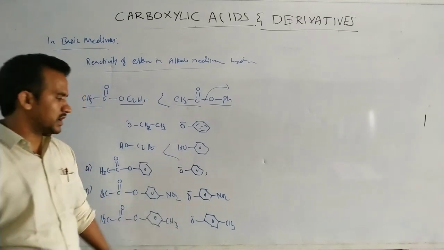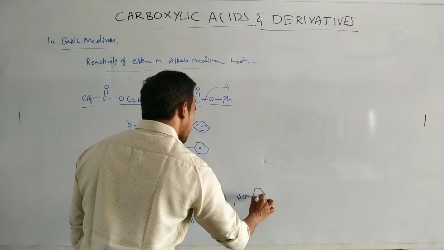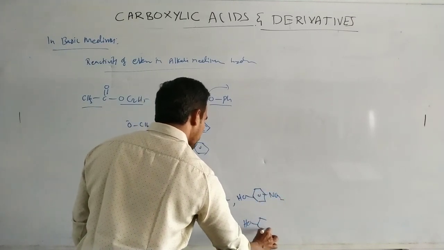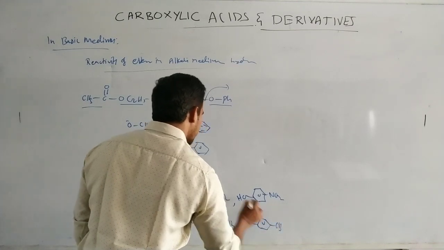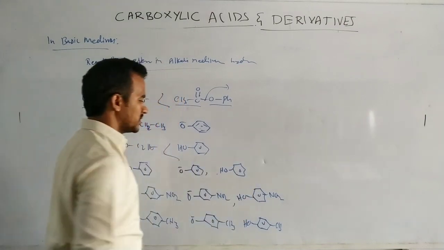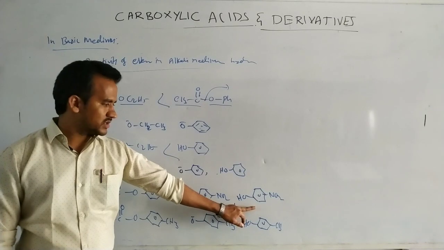The nitro compound is a good leaving group because the corresponding acid is a stronger acid. Here the CH3 corresponding acid is a phenol. So phenol, para-cresol and para-nitrophenol: which is the more acidic? The nitrophenol is the more acidic.